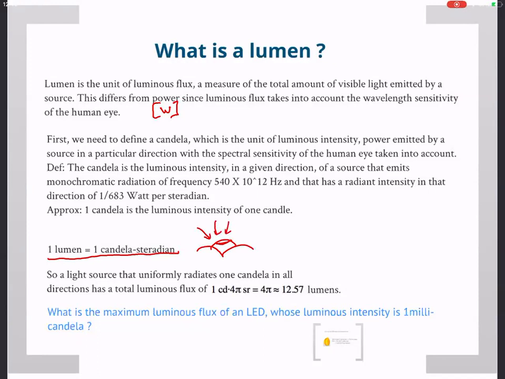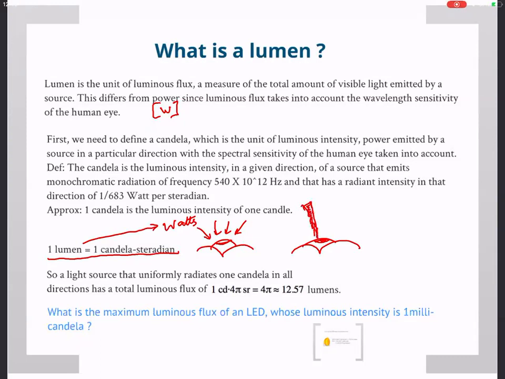How many watts are impinging on the eye? That is what the lumen is a measure of. Now, candela is a slightly different measure. It's a measure of how much power is coming within a narrow angle.